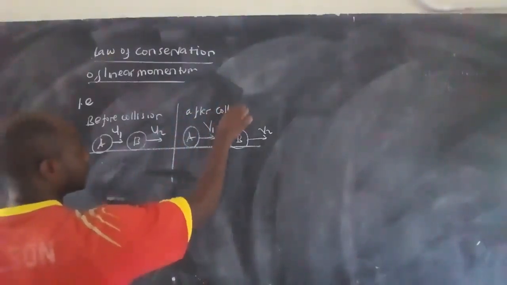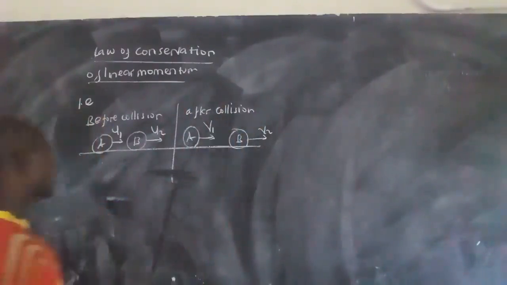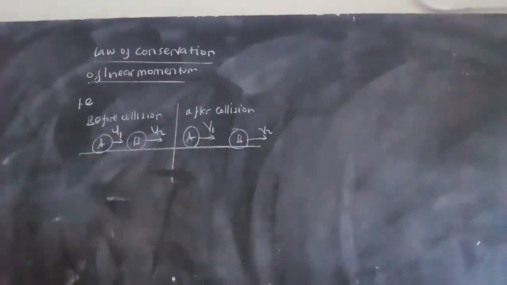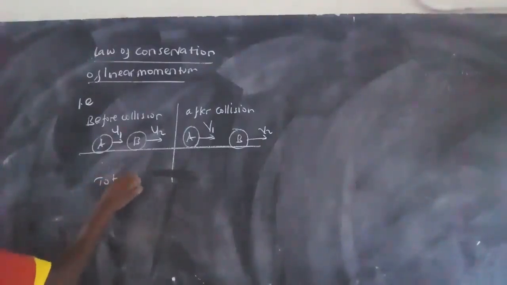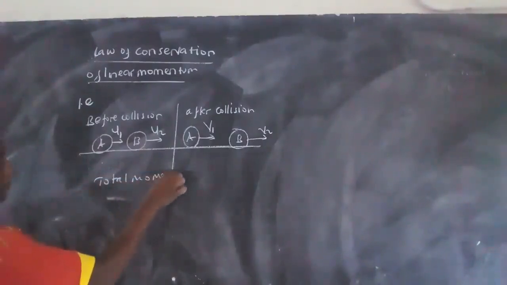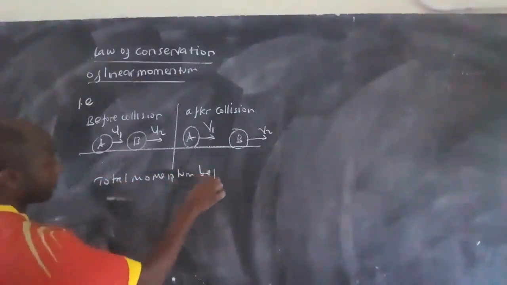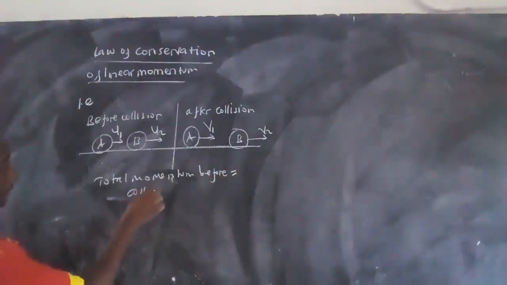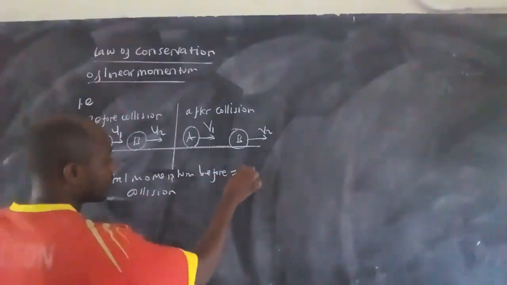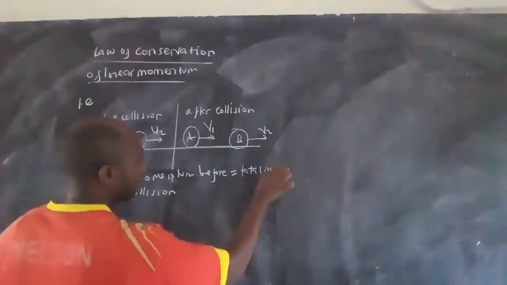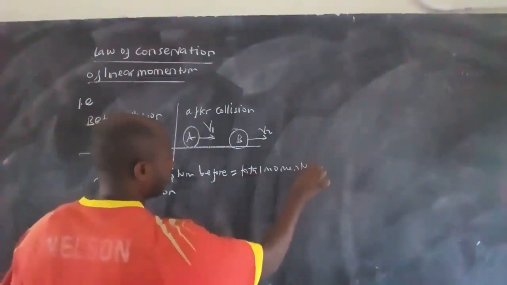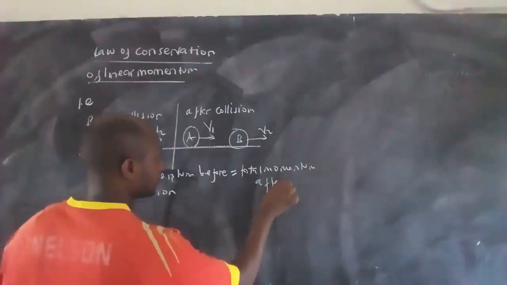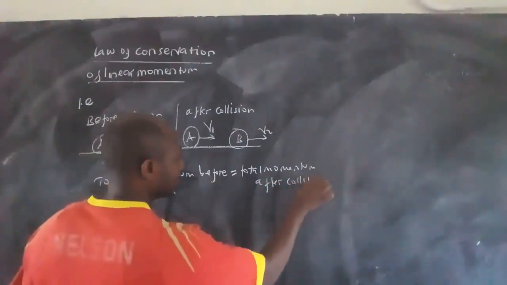So we shall say that the total momentum before collision is equal to the total momentum after collision.